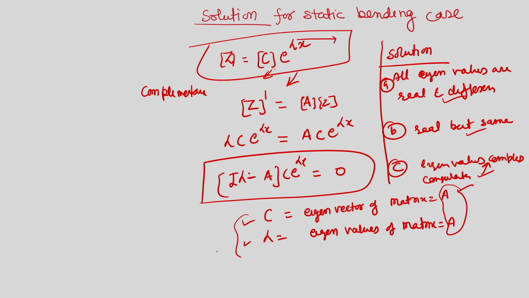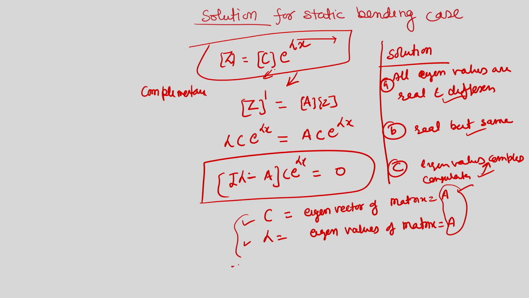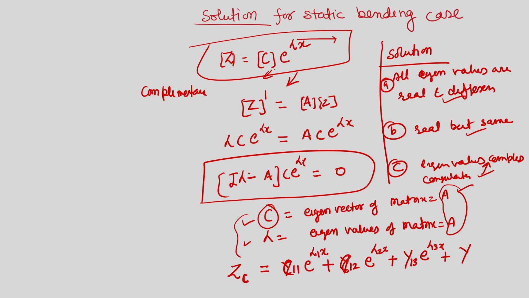So, in the present case I will write, let us say, for the case where eigenvalues are real and different, the complementary solution ZC will be, let us say, C11 e raised to power of lambda 1 x plus C12 e raised to power of lambda 2 x plus C13 e raised to power of lambda 3 x plus C14, and so on, up to C1,10 e raised to power of lambda 10 x.